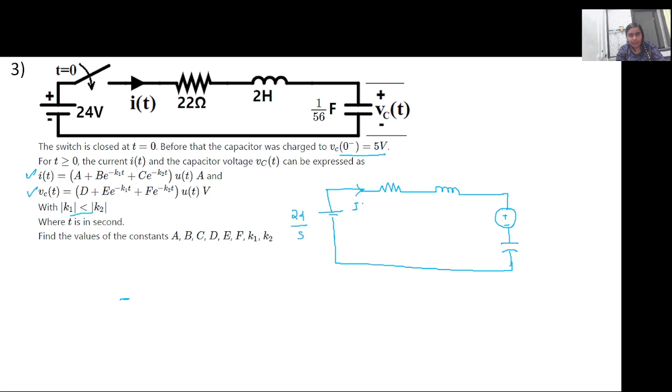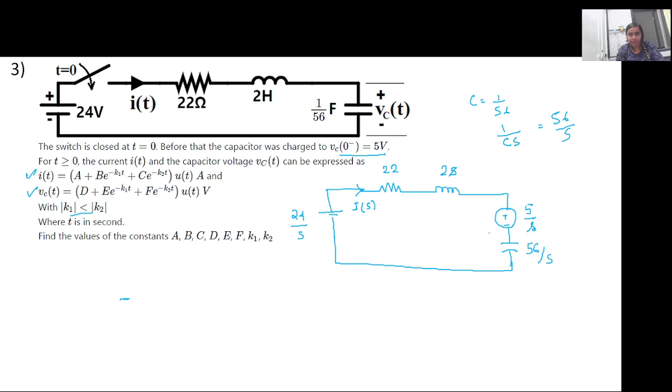The current is I of S. The voltage drop here will be 22 into I of S. For the inductor it will be 2 Henry, so 2S. The voltage here is given as 5 volts, so it will be 5 by S, and C is given as 1 by 56, so 1 by CS is equal to 56 by S.